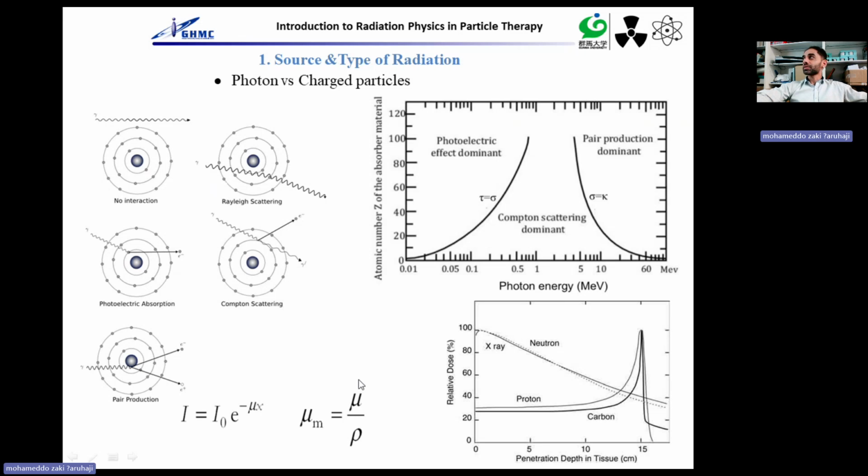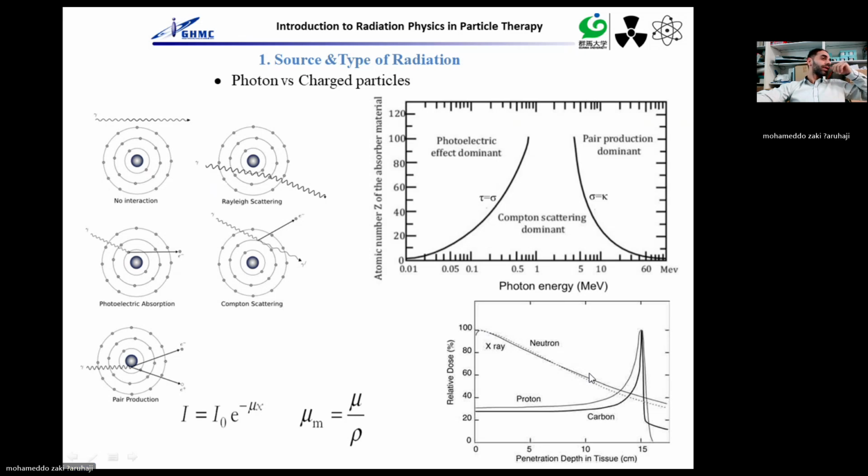In this equation, we really have to pay attention to the linear attenuation coefficient and the mass attenuation coefficient, which make me understand how photons interact with material. And when the X-ray photon is traveling along the path, it does not interact too much with matter, so it is easy for the photons to penetrate.